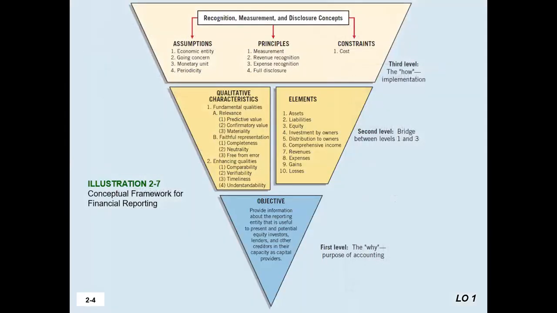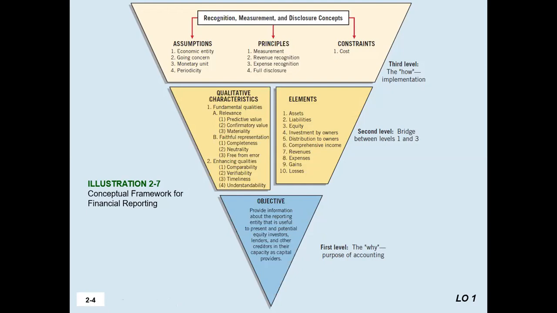All right, so here is the conceptual framework and what that looks like. Looking down here at the bottom of the hierarchy, the first level, the purpose of accounting is to provide information about the reporting entity that is useful to present and potential equity investors, lenders, and other creditors in their capacity as capital providers.